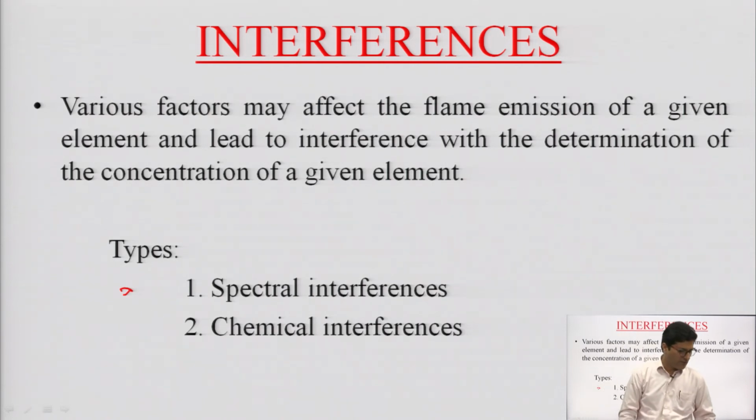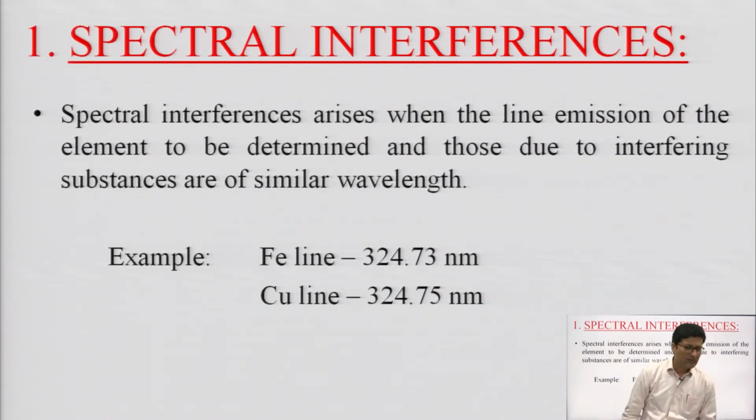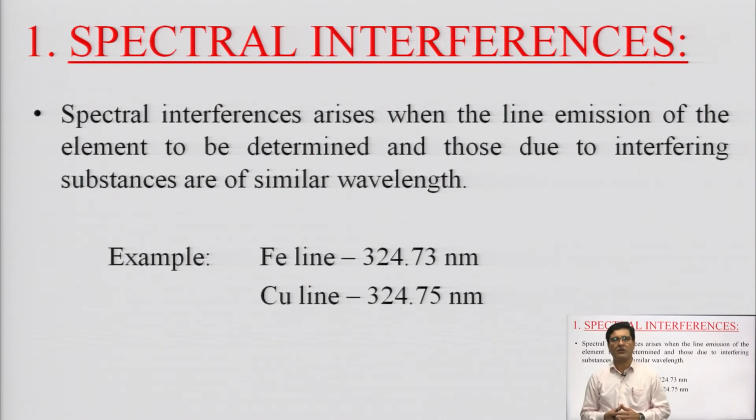We will discuss them one by one, and to start with, we will discuss spectral interferences. Spectral interferences mainly arise when the line emission of the element under investigation and that of the interfering substance are of a similar wavelength, very near to each other.